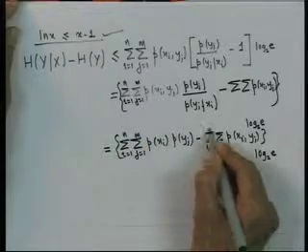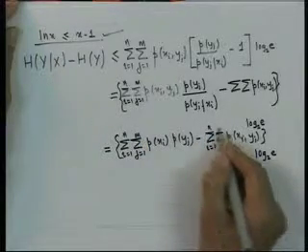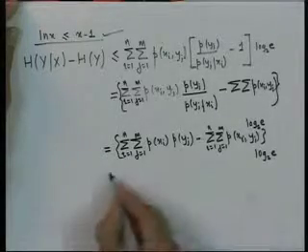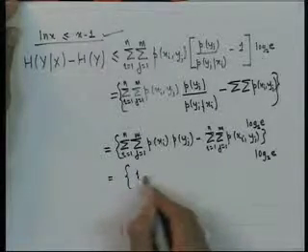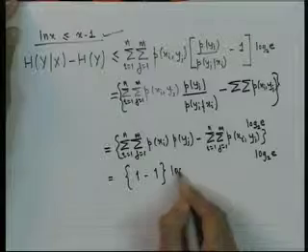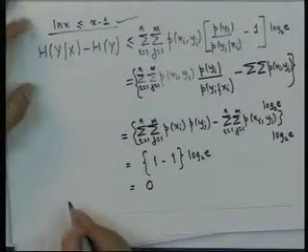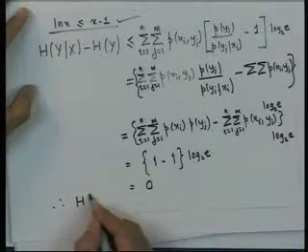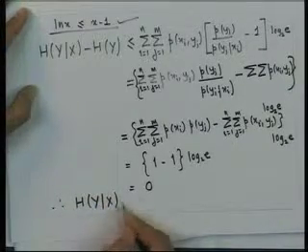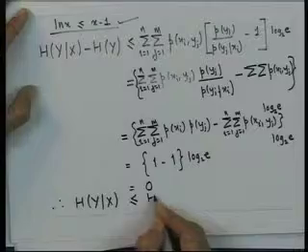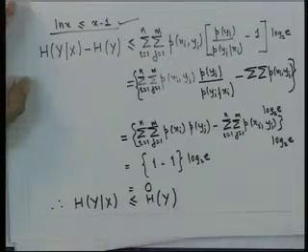Similarly, I will have the second term. Now, these summations are 1 minus 1, and this is equal to 0. Therefore, what we get is h of y given x is always less than or equal to h of y.